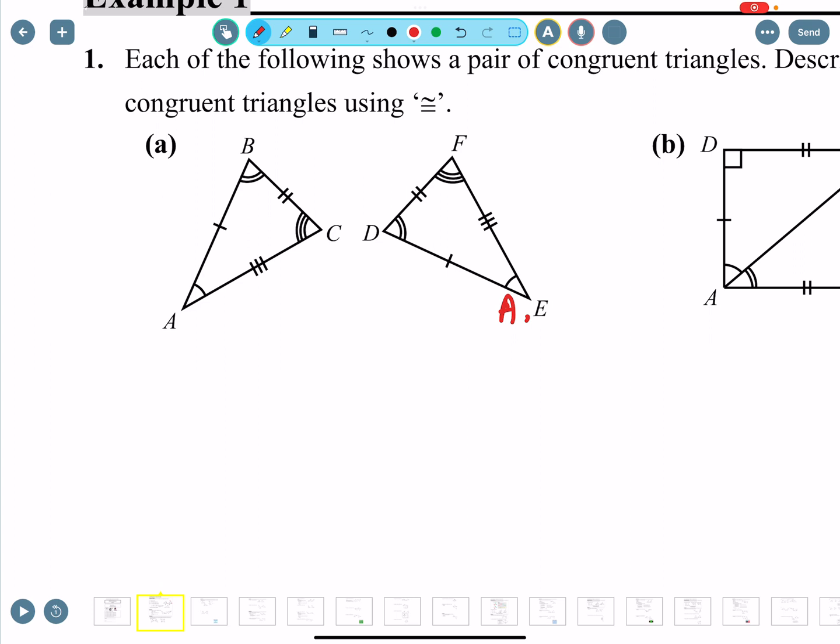Now for the double line angle, I'm going to find it on the other triangle. It's next to D, right? So B is supposed to match up with D here. And the last one has to be C. That's the last corner. And it makes sense because C has a 3-line angle, while F has a 3-line angle.